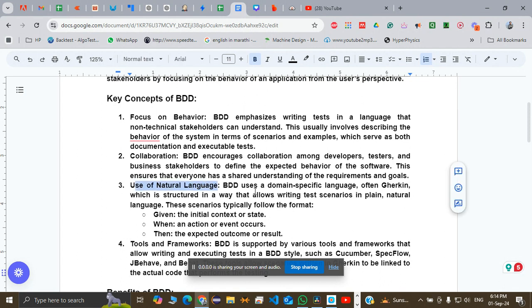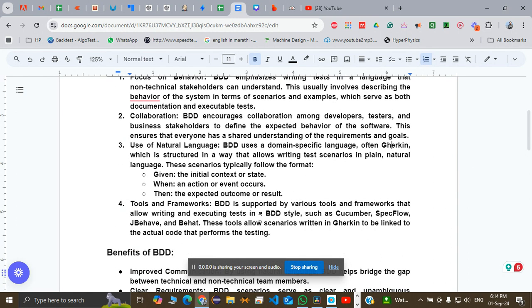Here BDD has a certain domain specific language, which is the Gherkin language, and it's a very simple language. Before any sentence, we use simple keywords like Given, When, and Then. Let me give you one example for the login functionality.